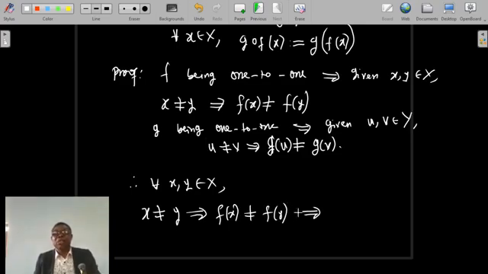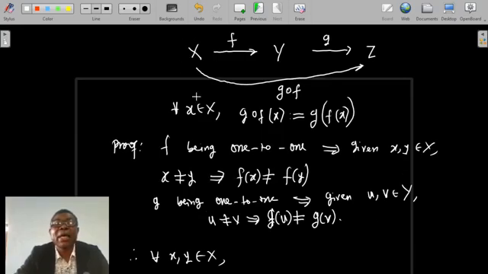Before I explain further, let us note that I'm working on an assumption that X is the domain of f. The entire X is the domain of f, and the entire Y is the domain of g. The essence of this is for g to be able to act on f(x), meaning that g has the capacity of picking any element in Y. So the domain is not restricted.